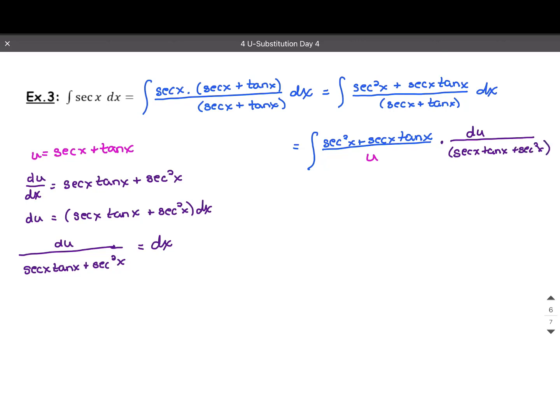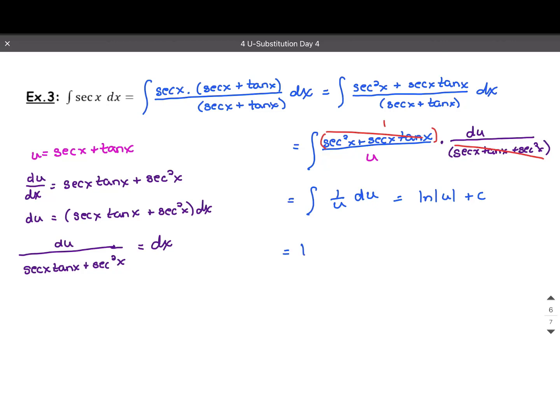Now notice the denominator of that fraction and the numerator of the first fraction are the same. They're reversed around addition, but addition is commutative. So they divide out to 1, which means all I have is the integral of 1 over u du. I know the antiderivative of 1 over u. That's the natural log of the absolute value of u plus c.